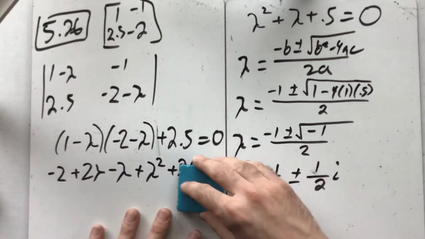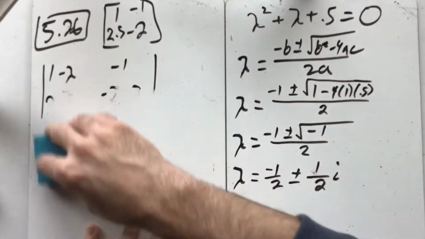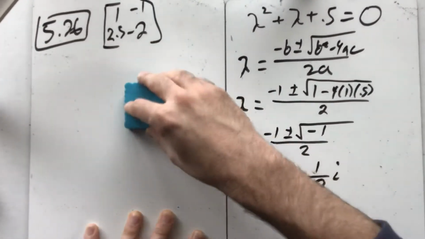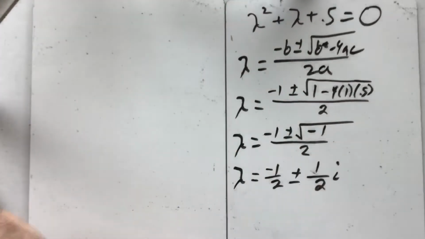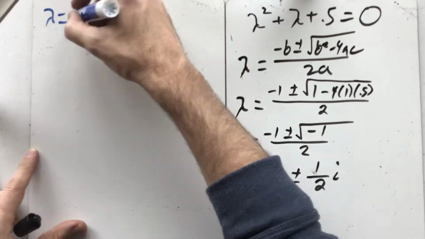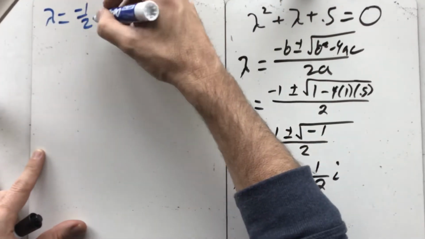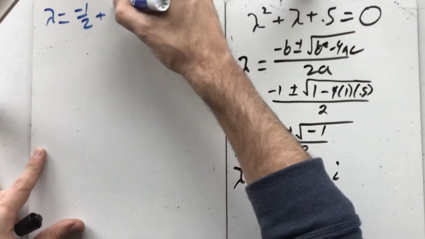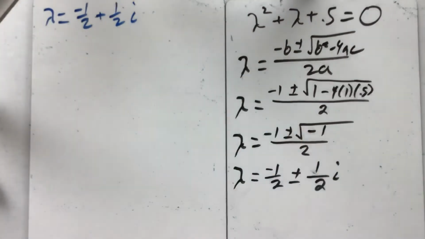So now I'm going to try to find my eigenvectors, and so I'll use this matrix right here. To get my eigenvector, I'll pick one of these eigenvalues, and let's do lambda equals negative 1/2 plus 1/2 i, and see how that goes.